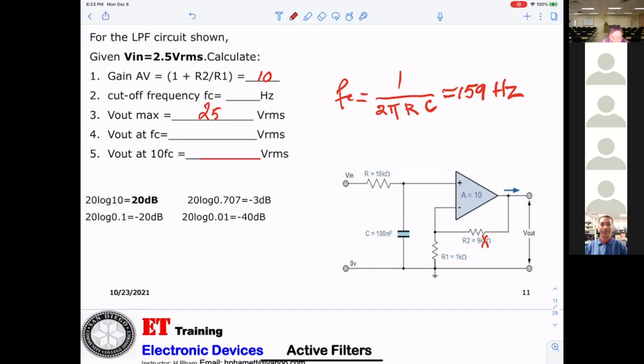You take 25 times 0.77, 17.675. Perfect.